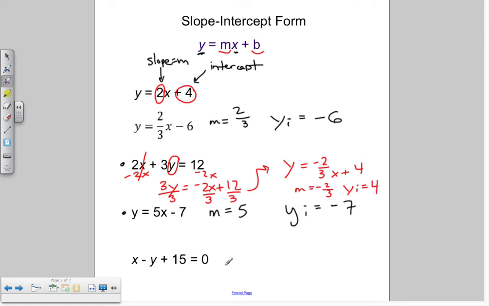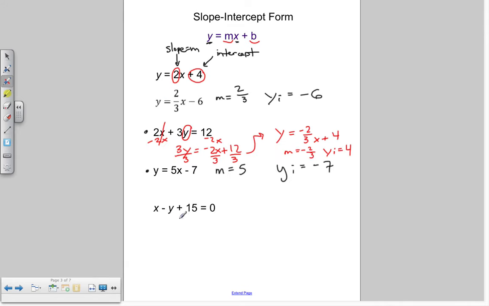Okay? I forced it. Now I'm going to force this one. I need it to be in y equals form. Well, this one I have a couple of choices. I could move the y over, which would make it positive. So let's do that. I'm going to move the y over, because otherwise y is negative. So x is still there, y went away, 15 is still there, and on this side I have y.